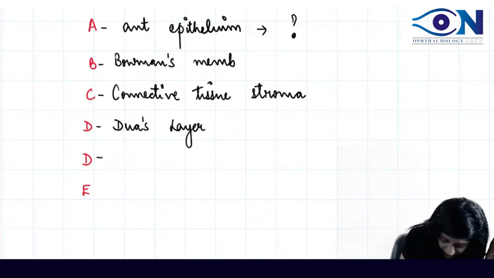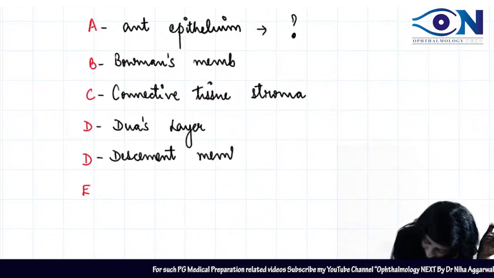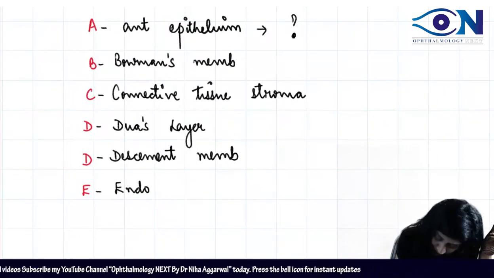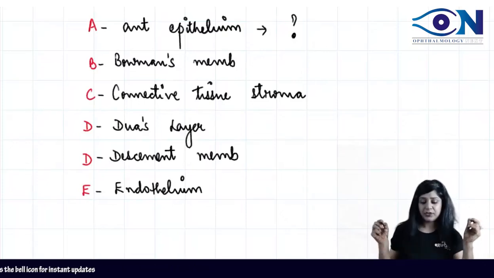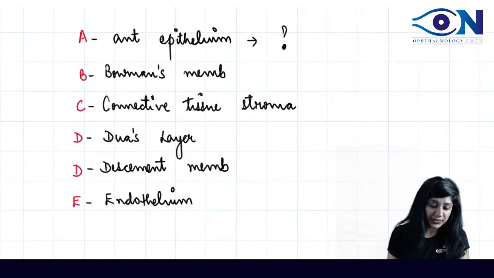Then we have D for Descemet membrane, and E for endothelium. So these are the 6 layers which you can easily memorize.